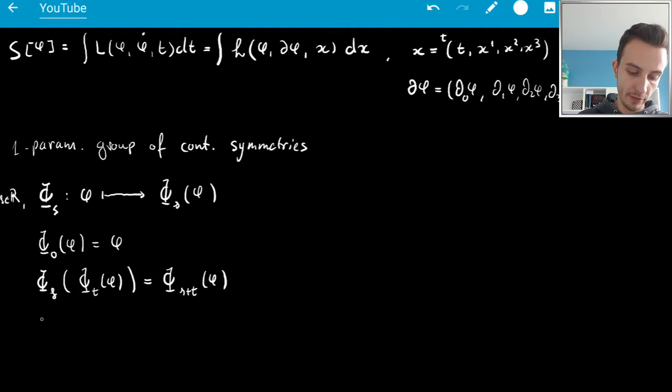And so you can deduce from this the inverse. So phi minus s is phi s inverse.